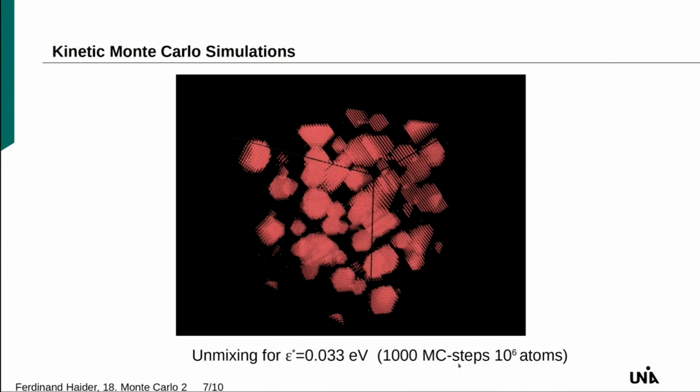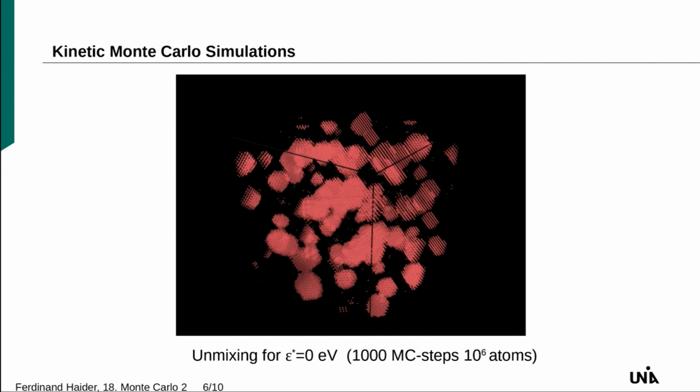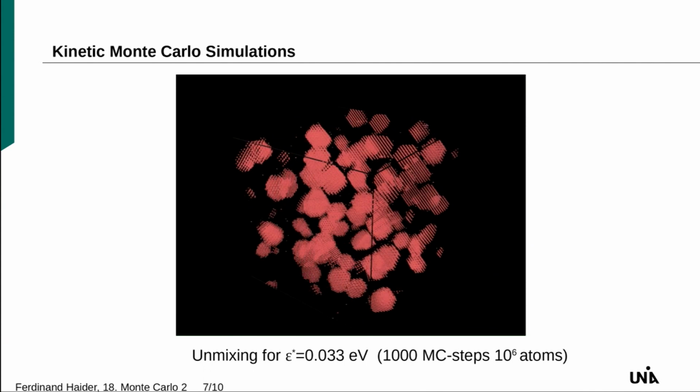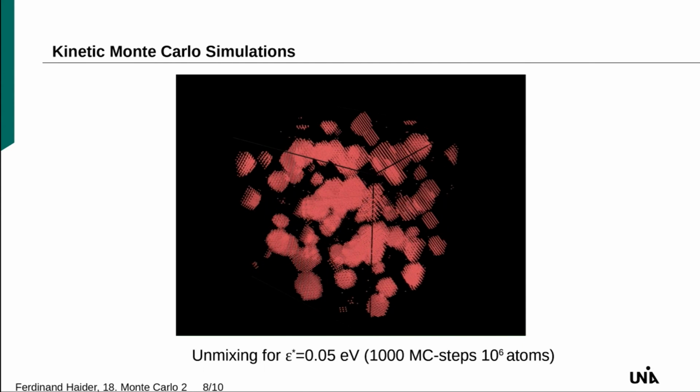Now you see it here for this 0.33. You see here clusters stay a bit. Here you perhaps see that the growth proceeds to larger sizes, and here for this 0.05 clusters stay smaller as before.